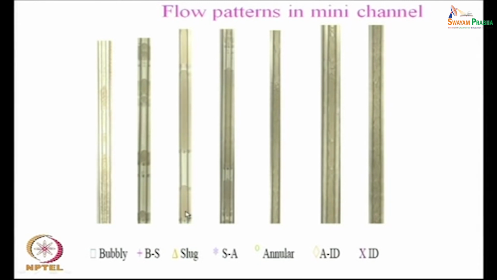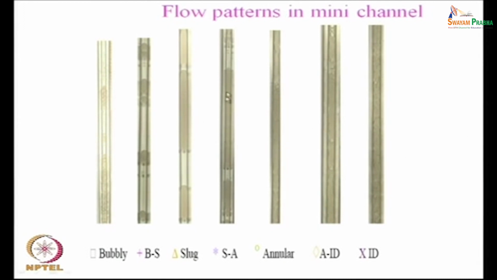So, we find that with miniaturization, the differences between air water flow and liquid liquid flow gradually reduce. As we approach miniaturization, since surface energy becomes more and more important, we find that just like air water flow, initially we had bubbly flow here, then the bubbles start getting larger and we get a distinct slug flow situation, and from slug flow, as we keep on increasing the toluene flow rate, we do not come across a churn flow pattern.